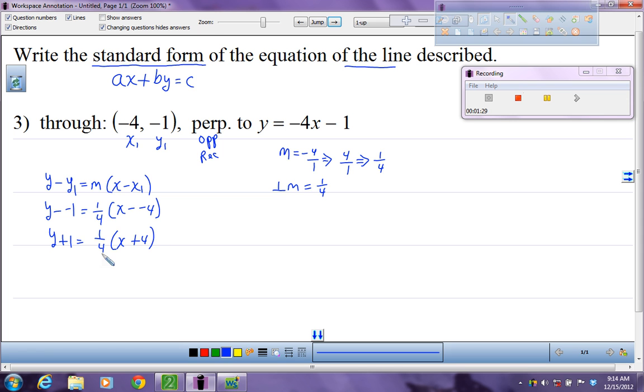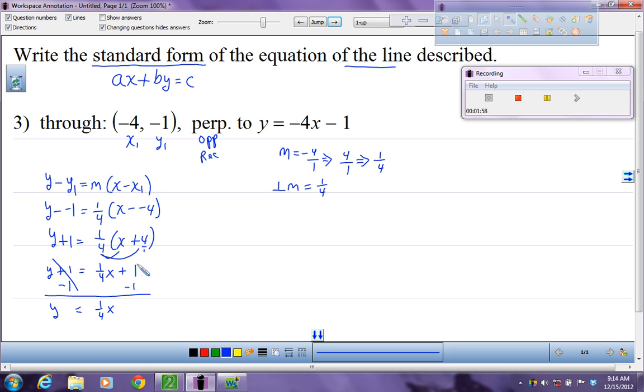And as you can see, when you multiply that, you just get the 1/4 x. When you multiply that, if I put this over 1, right, you get 4. 1 times 4 is 4, and 4 times 1 is 4, so I get 4 over 4. 4 over 4 is 1. Okay? So now I can just bring the 1 across, minus 1, and they become 0 right there.